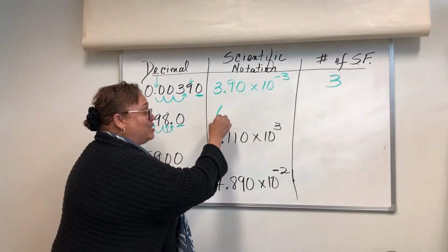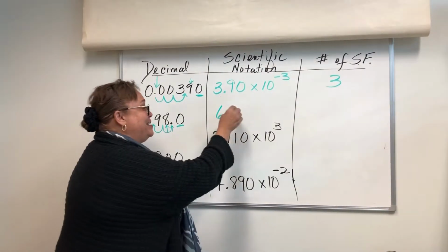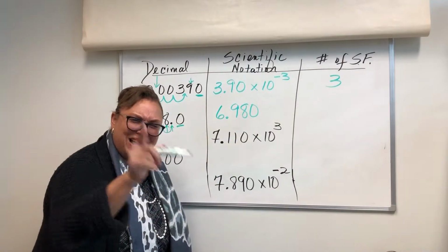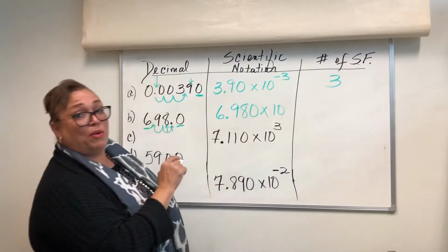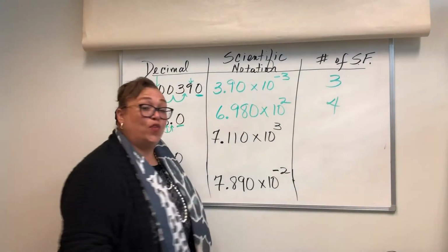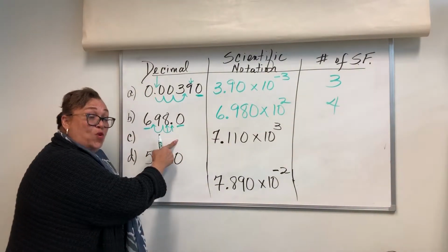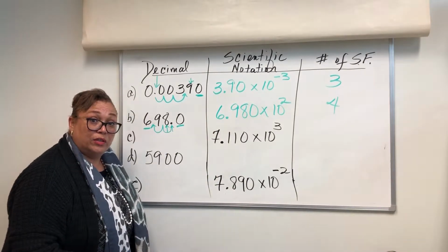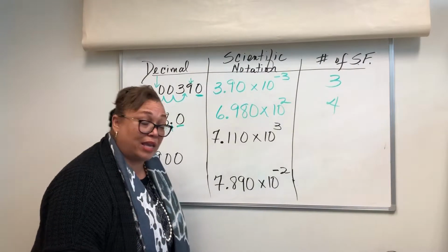So to put it in scientific notation, it is 6.980. Don't let me fool you. Times 10 to the, how many times we bounced that ball? 2. So here we have a total of 4 significant figures. Now you better be able to work it either in decimal form or scientific notation to tell me how many sig figs you have. Don't say, oh, which way should I look? No, you look at both. It should be the same thing.